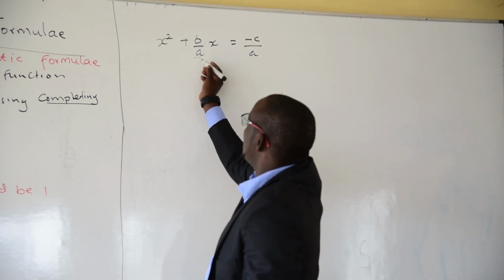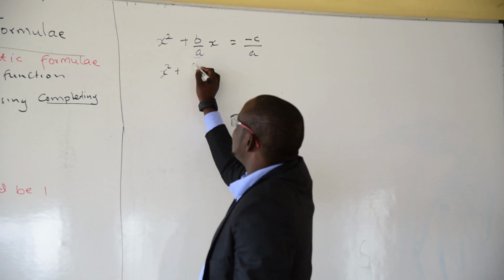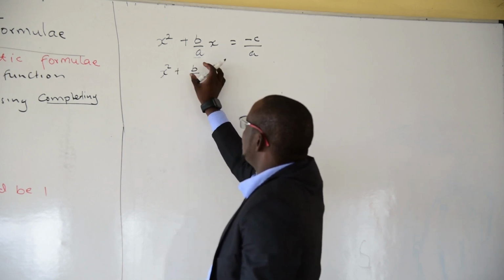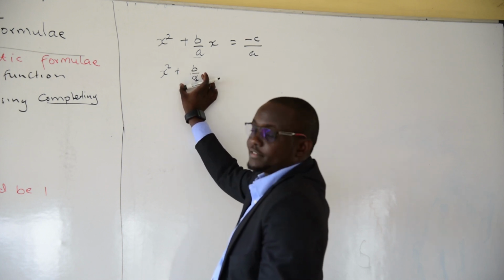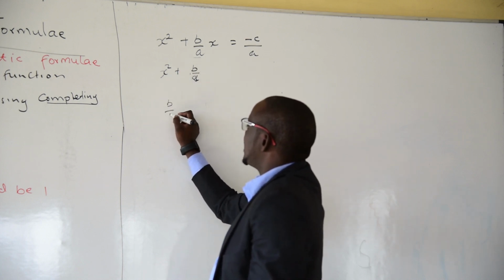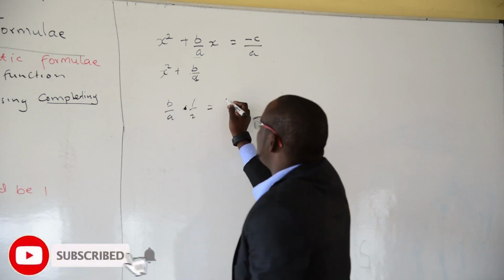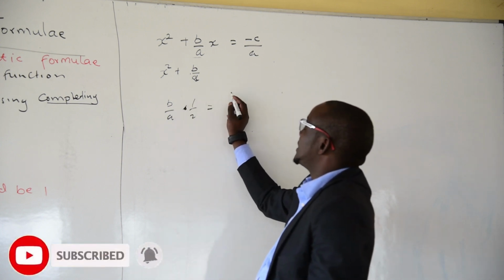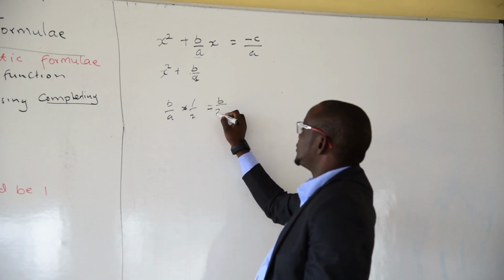So when I take b over a and multiply by a half, this gives me b over 2a.